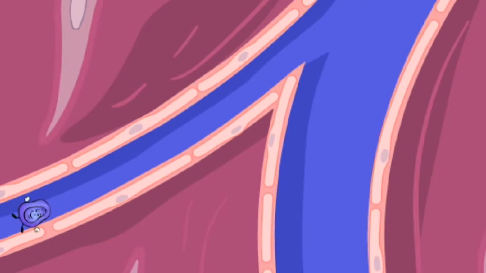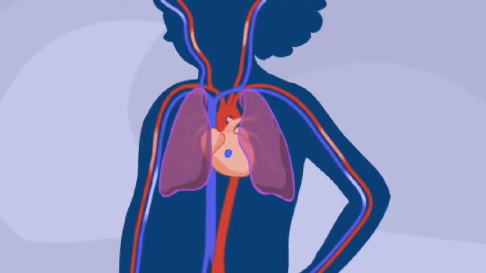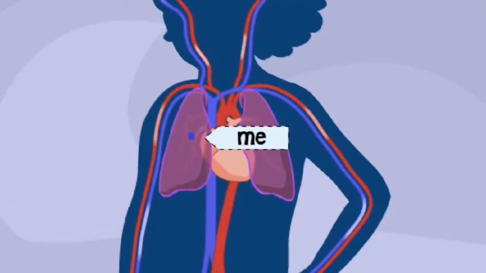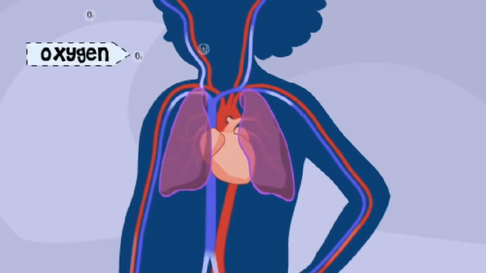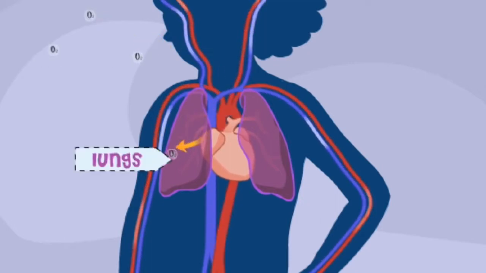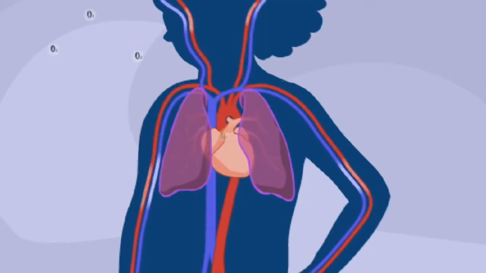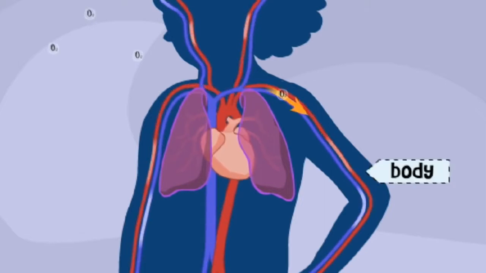Now I need to go and pick up the things I need to deliver. My first stop is to the lungs. I need to pick up a little oxygen molecule to take to some place in the body. Everybody needs oxygen. Our lungs bring it into our body, and then I pick it up and take it to where it's needed.